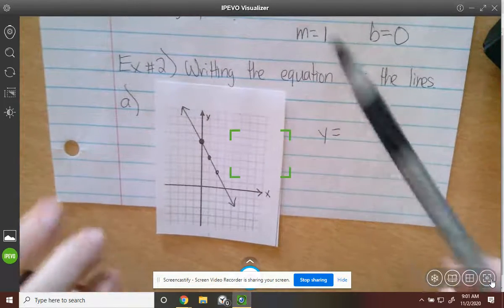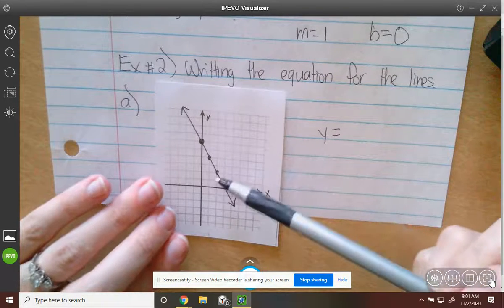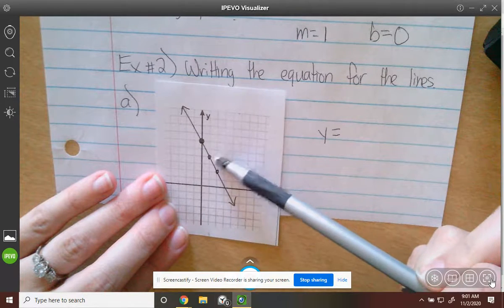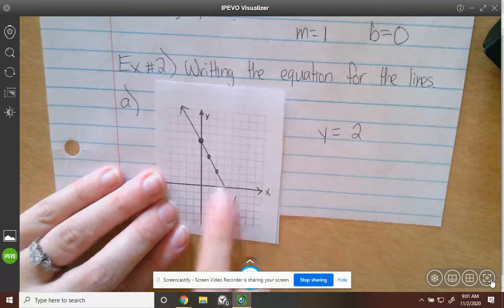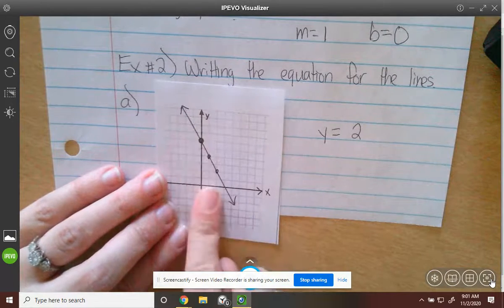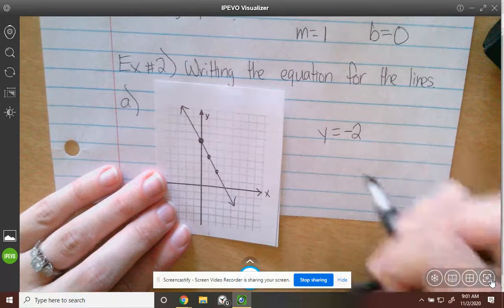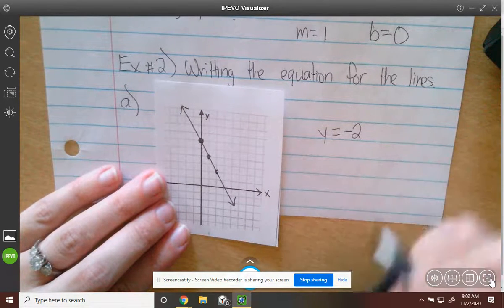Okay, then I have to find my slope. So I take my lowest point and I'm going to count up 1, 2 over 1. So my slope would just be 2. But then I look at my line. Is this a negative or a positive? It's a negative slope. So it'd really be -2. You could put -2 over 1 if you wanted to. We always like to simplify it, so we just keep it -2.